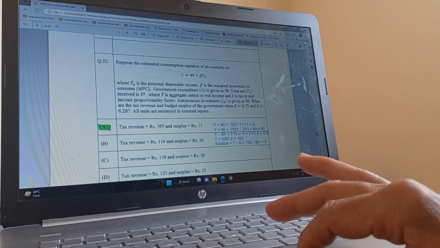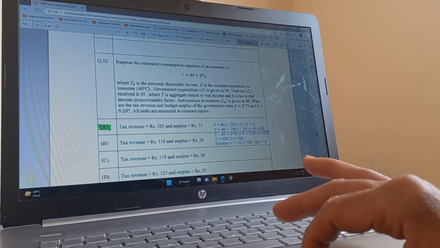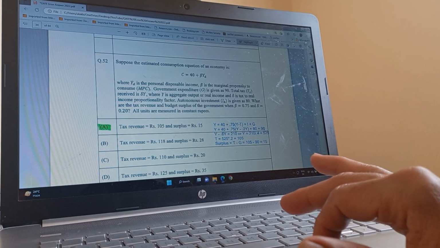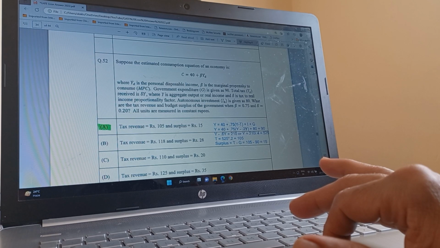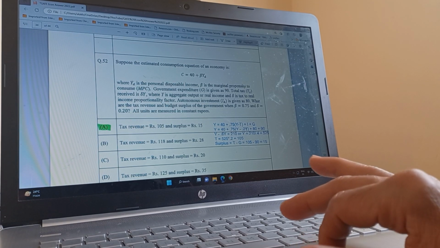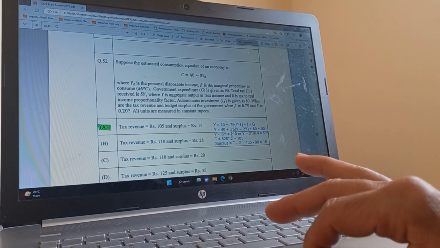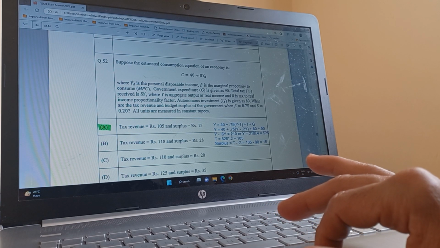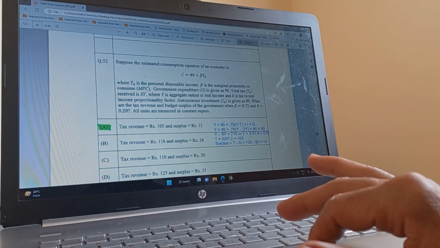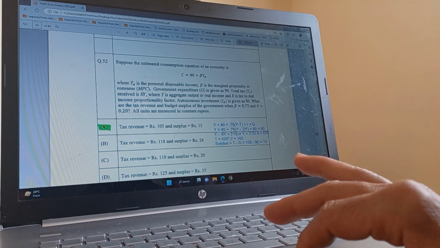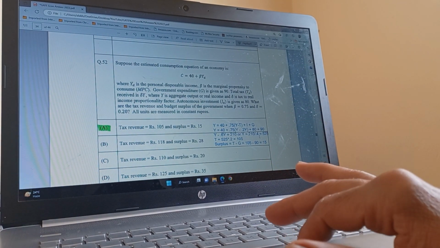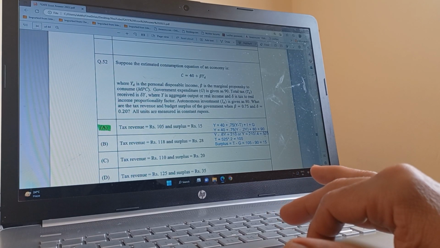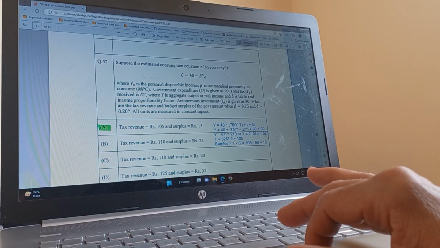And plus 80 is the investment and 90 is the government expenditure. So I bring this Y to this side. So this one is how much? 0.6Y, because Y minus 0.2Y is 0.8Y and times 0.75 is 0.6Y. So Y minus 0.6Y is equal to 40 plus 80 plus 90, which is equal to 210, or Y is equal to 210 by 0.4.